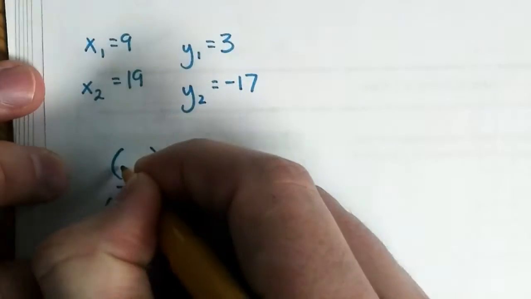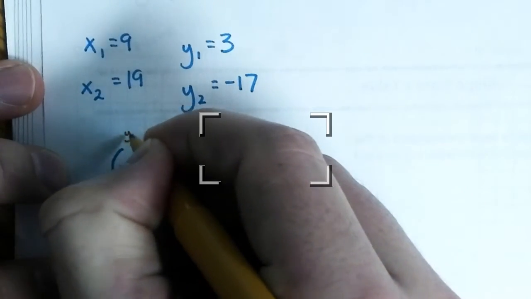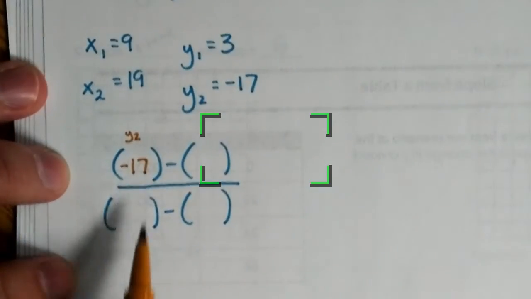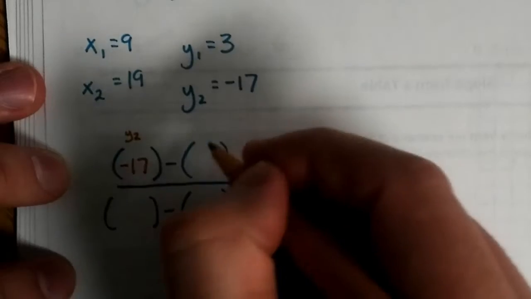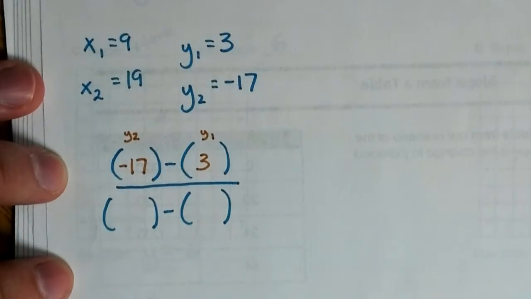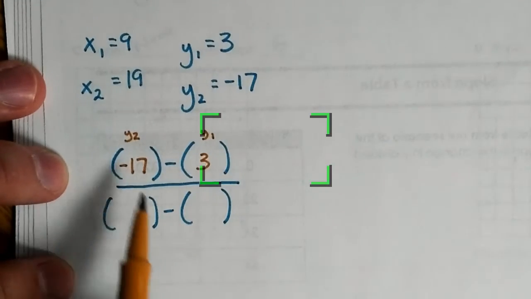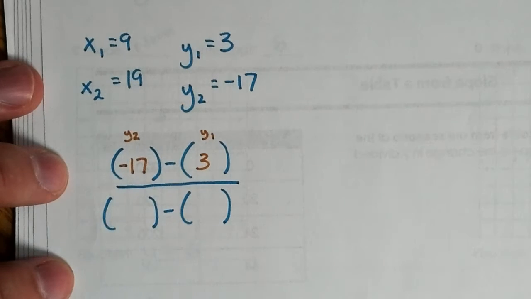Negative 17. Good. Negative 17. That is our y2. What about here? What goes in this one? 3. And that's our y1. Good. So parentheses negative 17, minus parentheses 3.